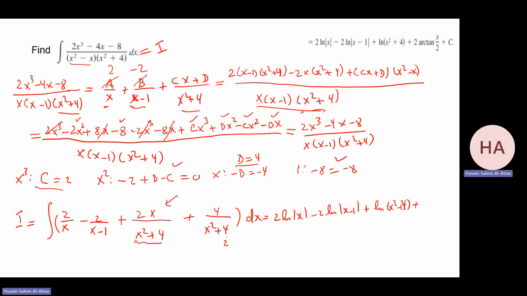And a, this is 2 squared, so my a is 2. 4 times half times tan inverse x over 2 plus C. So my final answer: 2 ln absolute value of x minus 1, x squared plus 4, plus 2 tan inverse x over 2 plus C, which is this one. So this one is correct.